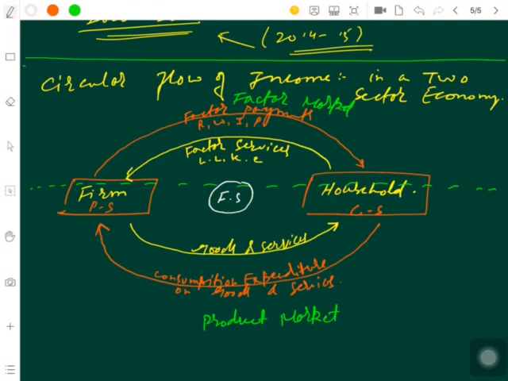A household can put its savings in the financial sector, and a household can take certain consumer loans, etc., from the financial sector. Likewise, a firm will give certain things and will take certain things.